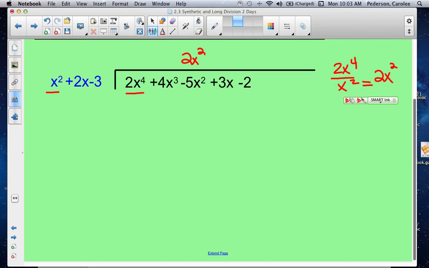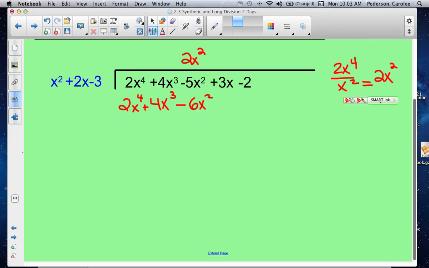So 2x squared times negative 3 is negative 6x squared. 2x squared times 2x is 4x cubed. 2x squared times x squared is 2x to the 4th.